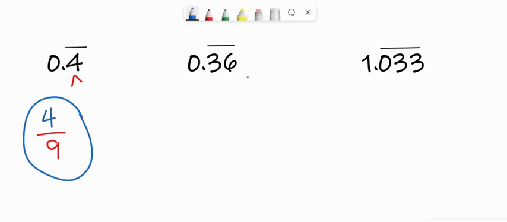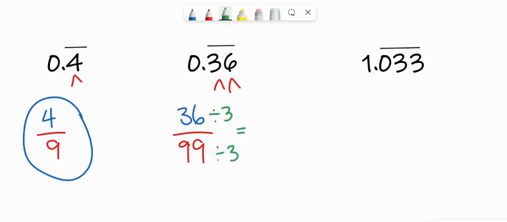All right. 0.36 repeating. There are 2 digits repeating here. So that means it's going to be over 99, and the top is going to be 36. Now this you can simplify, right? Both are divisible by 3. And you get 12/33.